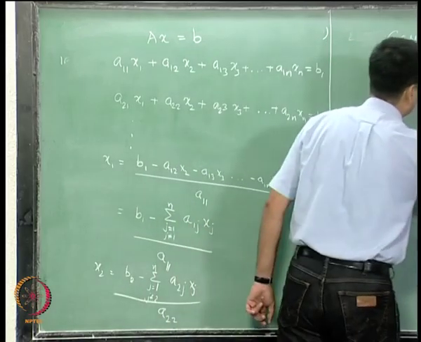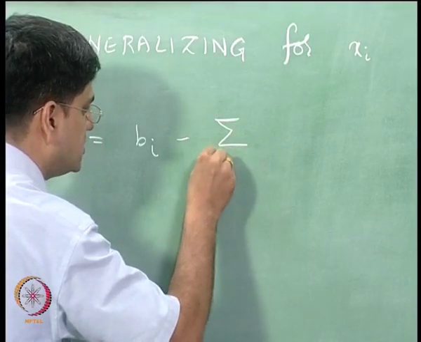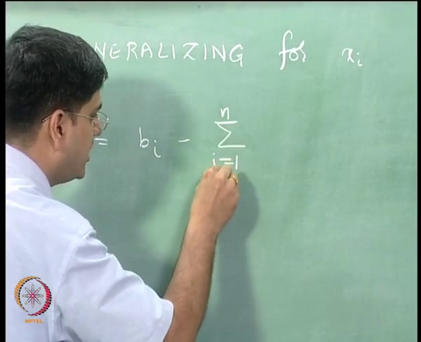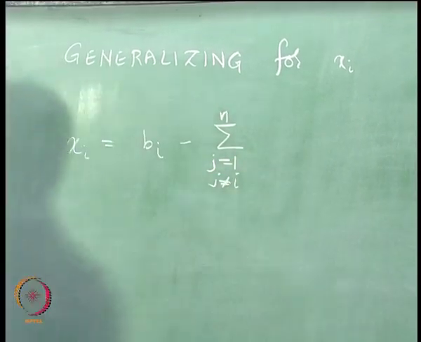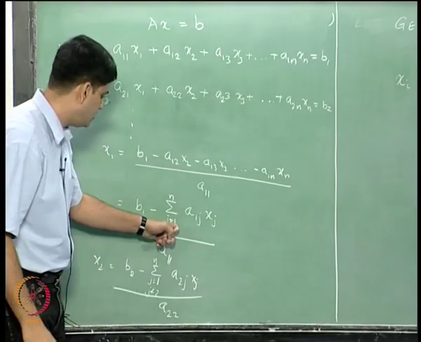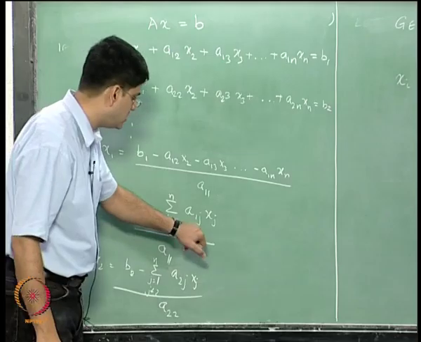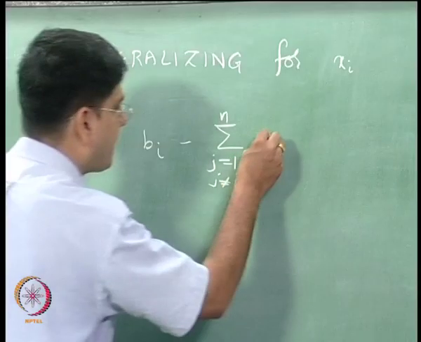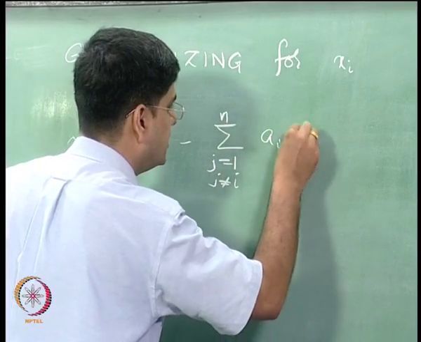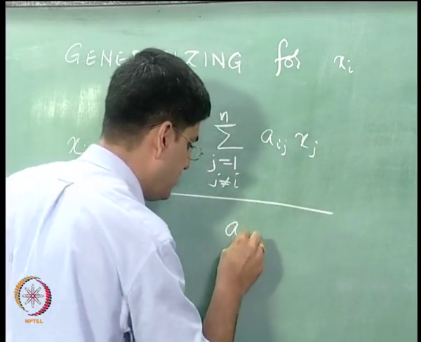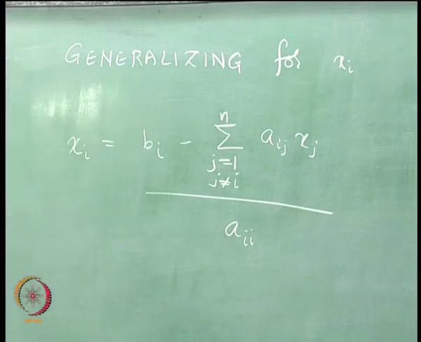So bi minus summation from j equal to 1 to n, j not equal to i, aij xj, divided by aii.